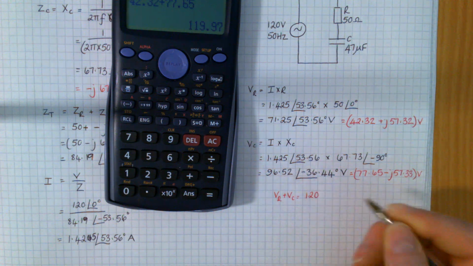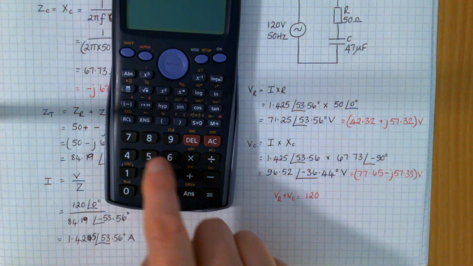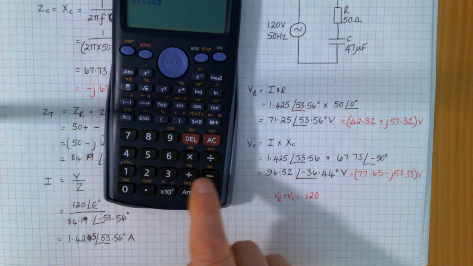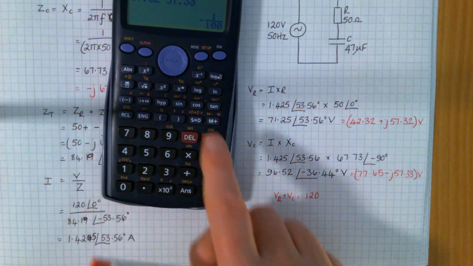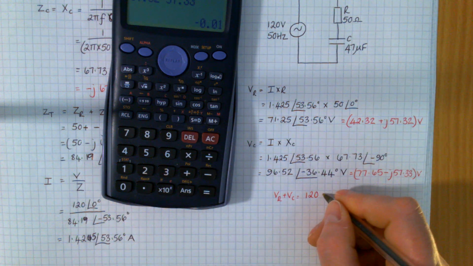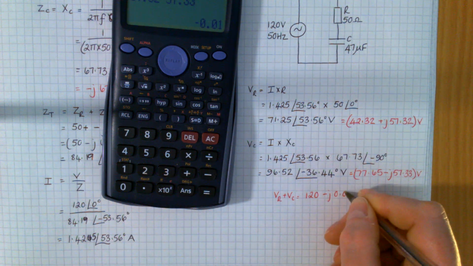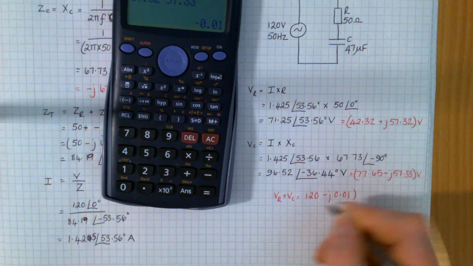Rounded to 4 significant figures, that gets you 120. It's not far off.